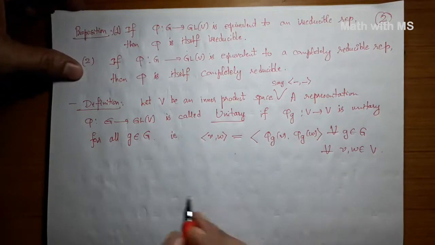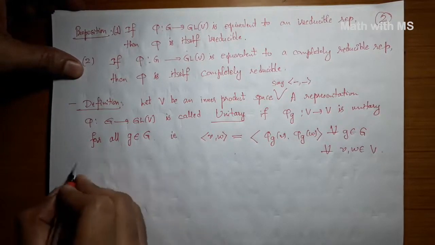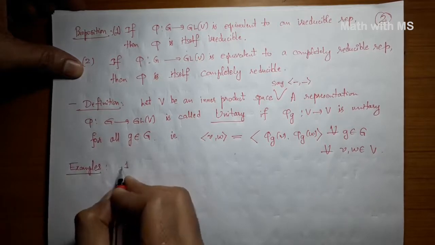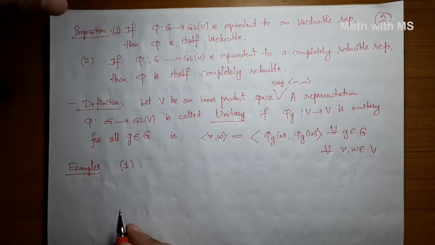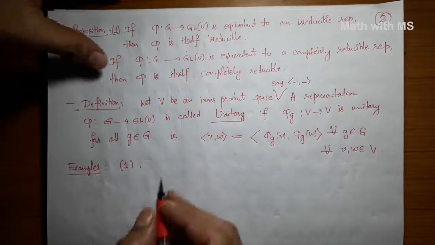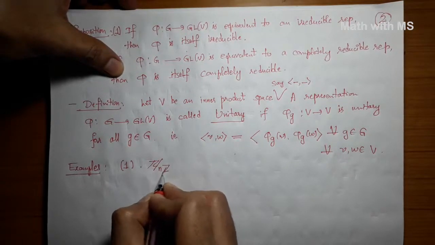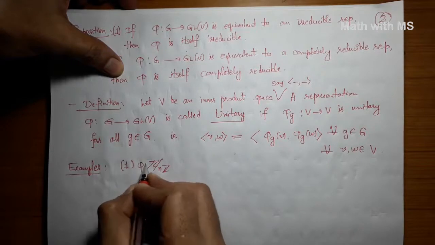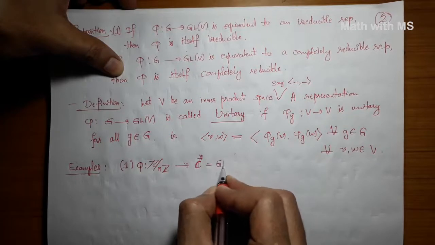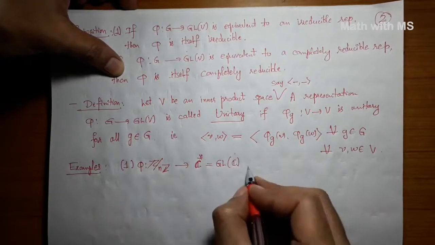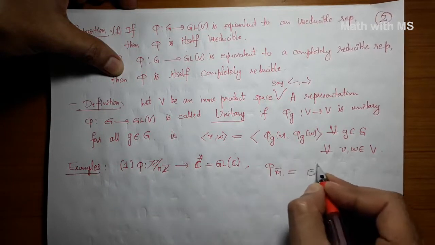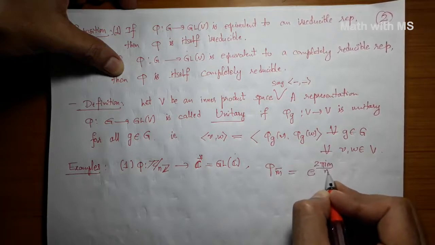All right, so let us see some examples. Let us recall our representations of cyclic groups of order n, Z mod nZ. You recall that we defined a representation from this into the one-dimensional C star, which is GL(C). We define phi of m bar as e to the power 2 pi i m by n.